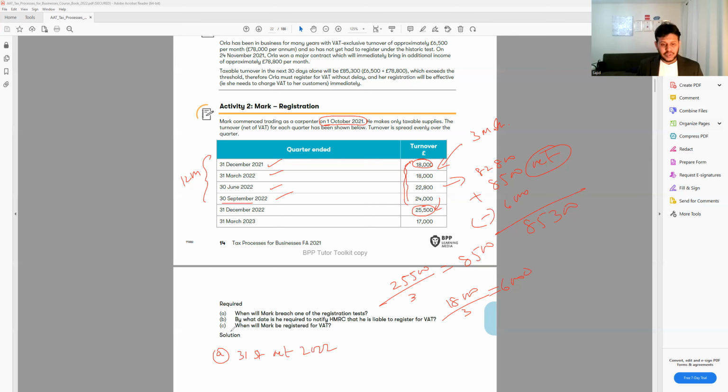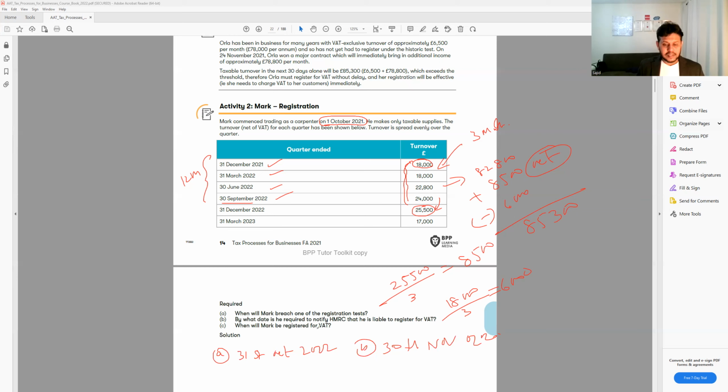The next one is by what date he is required to notify the HMRC. We know within 30 days, isn't it? So if we reach the threshold on 31st of October, by 30th of November I have to tell the HMRC, listen, I have to register for the VAT because I have reached the threshold. And from what day will Mark's registration start?